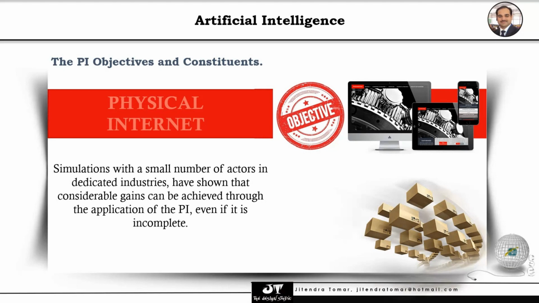However, previous studies which focused on running simulations with a small number of actors in dedicated industries have shown that considerable gains can be achieved through the application of the PI, even if it is incomplete.